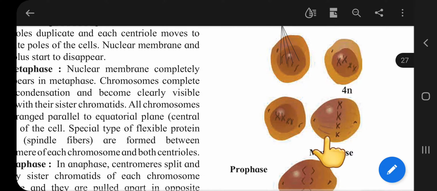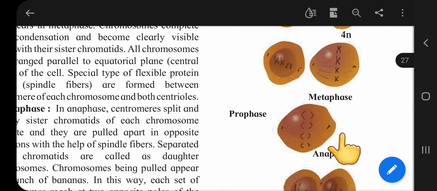Chromosomes complete their condensation and become clearly visible along with their sister chromatids, and they arrange themselves parallel to the equatorial plane.